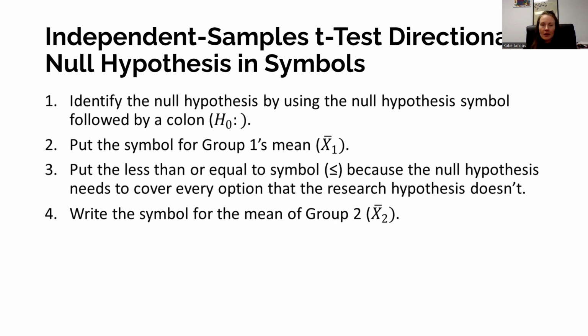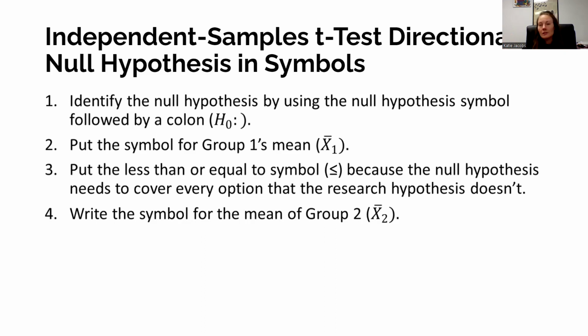So then we can also write our null hypotheses in symbols. It's pretty straightforward. So if we remember in our other example, we hypothesized with our research hypothesis that the group 1 mean would be significantly larger than the mean of group 2. So if we're writing the null hypothesis that goes with that research hypothesis that we already did, this null hypothesis needs to cover everything that our research hypothesis doesn't. So we first start out by writing H sub 0 to identify that we're doing the null hypothesis.